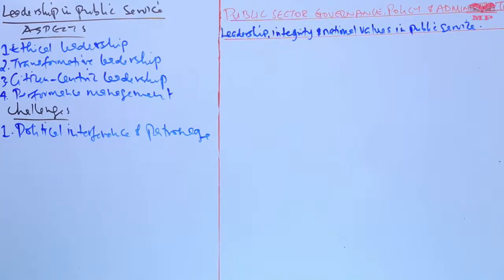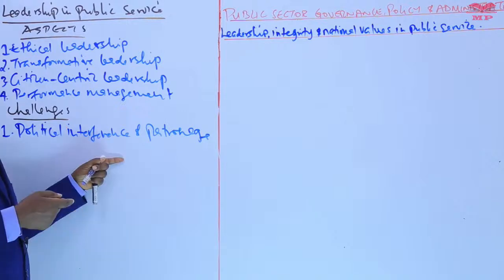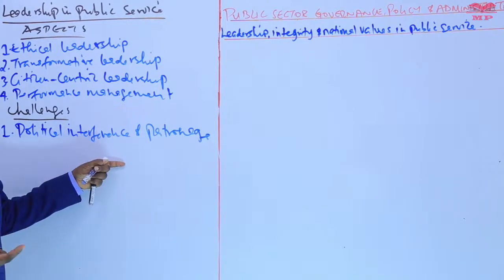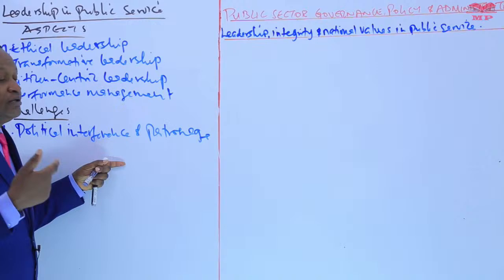Political interference is a persistent challenge in Kenya's public service leadership, and it often manifests as undue influence in appointments, promotions, and decision-making processes. Patronage, where leaders prioritize loyalty over competence, also undermines meritocracy. It undermines professionalism.